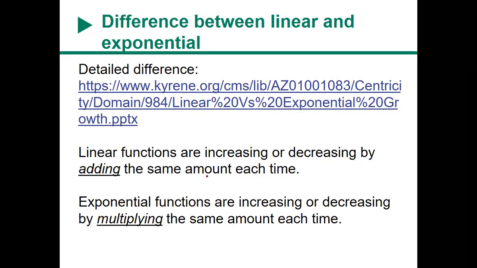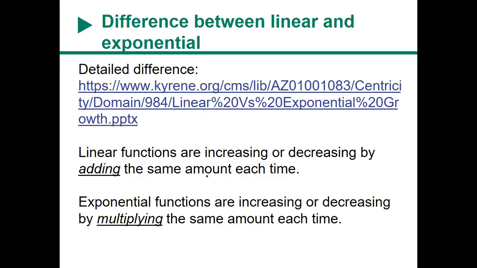If you click on your notes that are posted on your Brightspace, there is a detailed difference between linear and exponential functions. We are not going to dive that deep, but I wanted you to have access to that if you wanted to do a little research. Linear functions are increasing or decreasing by adding.